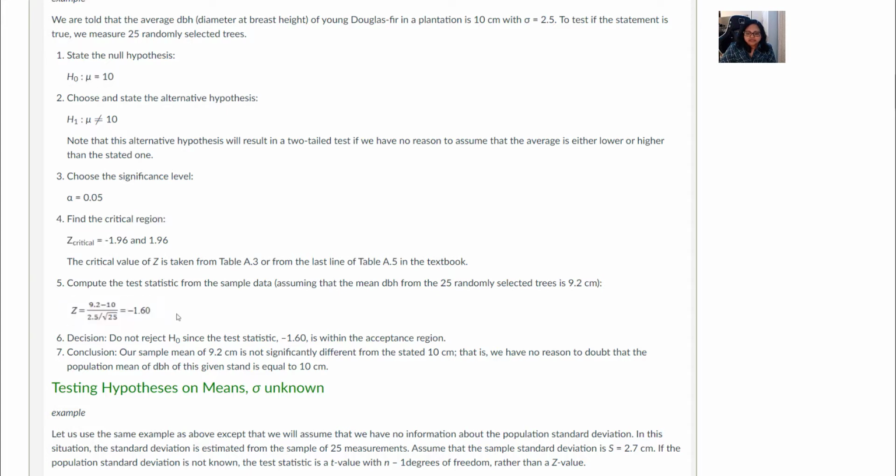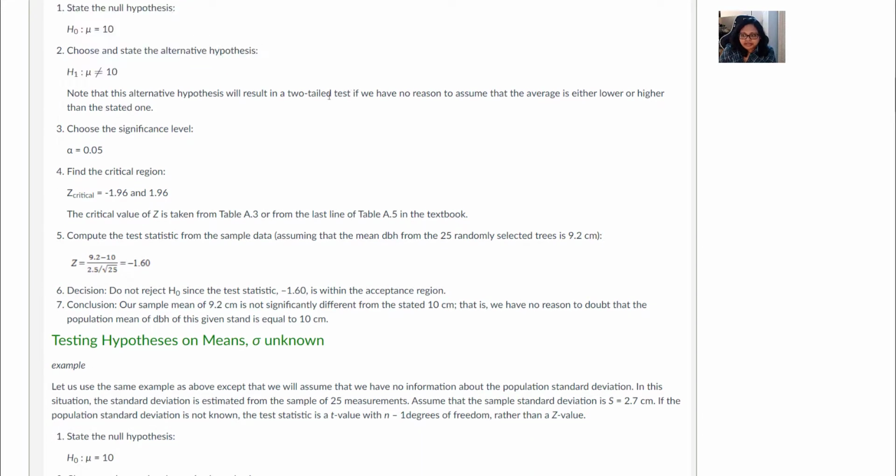That's why you can see we are using the z-test. Let's state the null hypothesis. For the null and alternative hypothesis, we always have to use the population parameter. Since we are interested in the population mean, we say that the population mean is 10 and the population mean is not equal to 10. So that's our hypothesis.